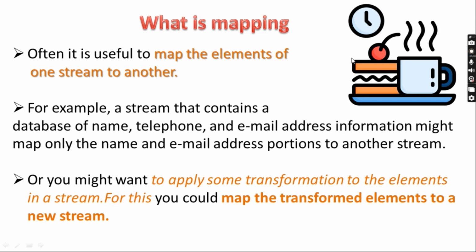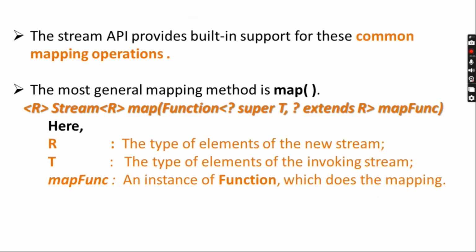For example, the left-hand stream has a database of name, telephone, and email address, and we might map only the name and email address to the right-hand stream. Or you may want to apply some transformation to the element, and map the transformed element to a new stream, that is the right-hand stream.